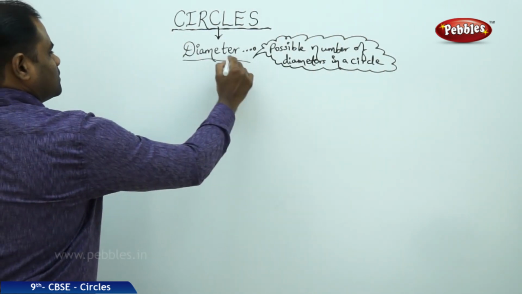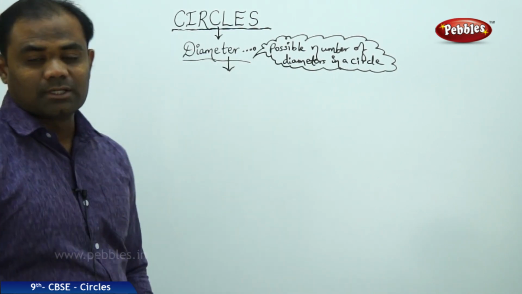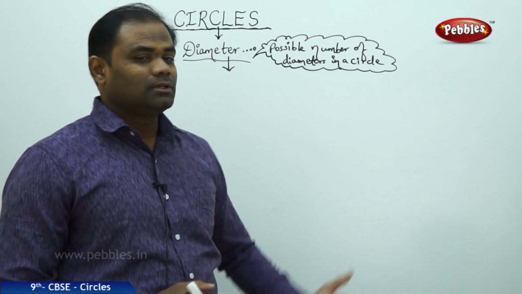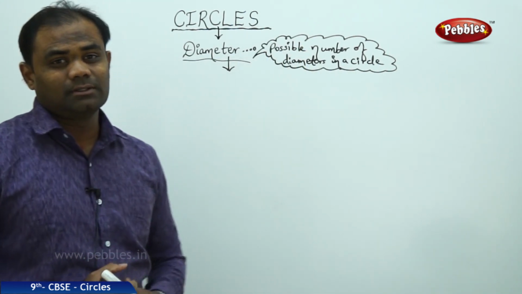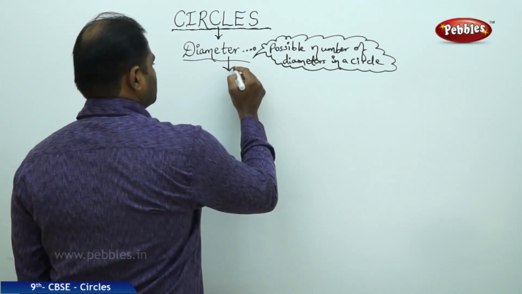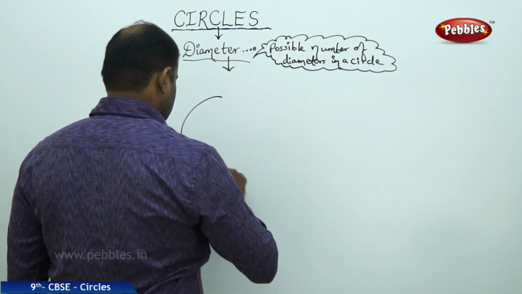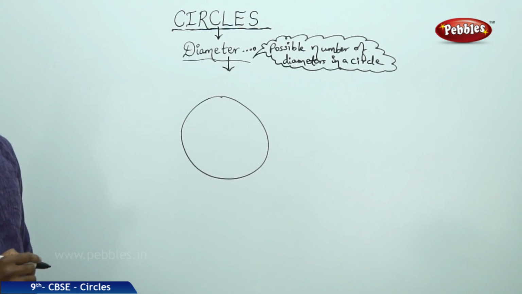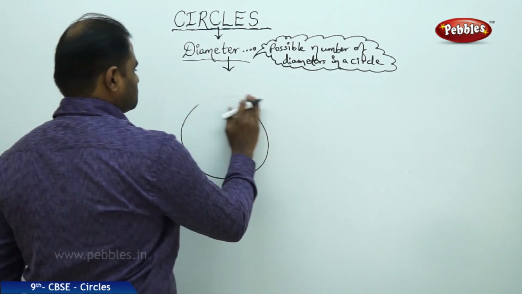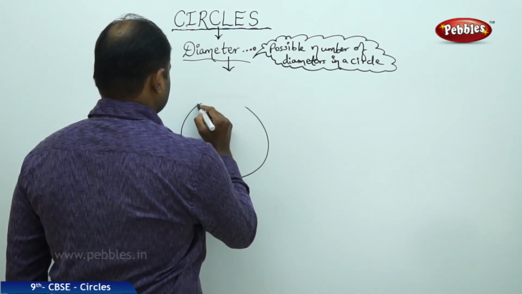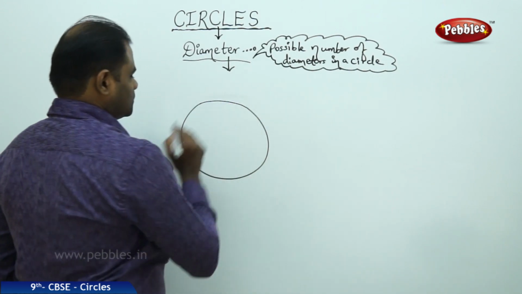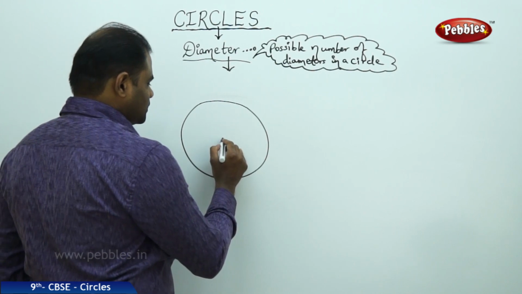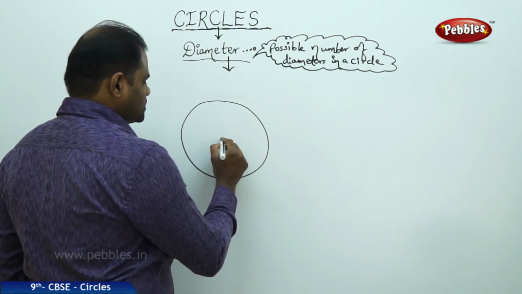So let's see with a circle taken into consideration and investigate the possible number of diameters in the circle. I have a circle. Now let's say the center of this circle is here.